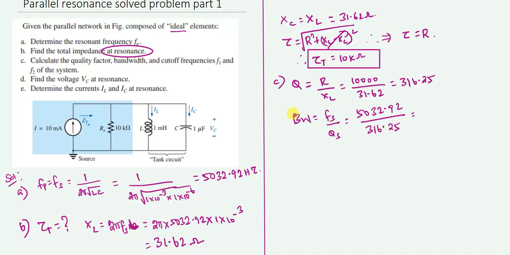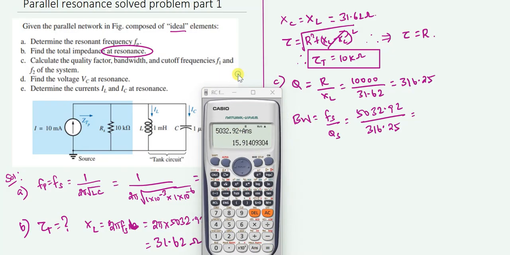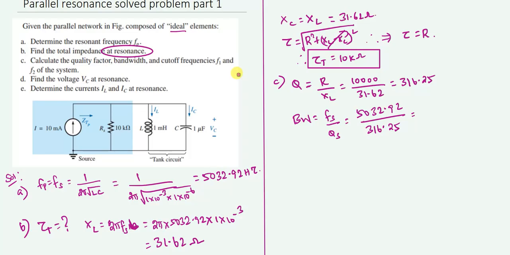If I simplify this, 5032.92 divided by answer, which is equal to around 15.91 hertz. So therefore the bandwidth is 15.91 hertz. So next, they have asked for my cutoff frequencies, f1.